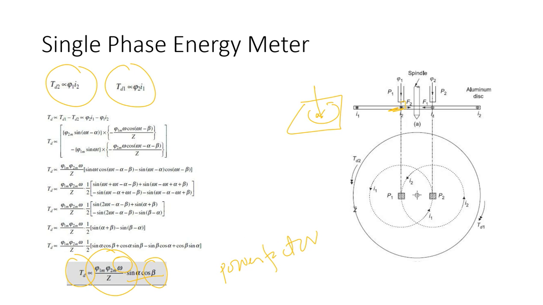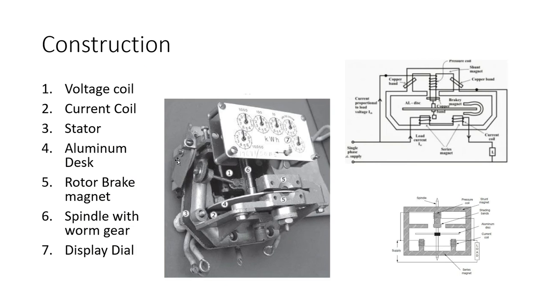Okay, what's the structure of this instrument? So this instrument basically rotates, so we can calculate its rotation as well. Okay, we are having voltage coil, current coil. So these are the current coils, and here would be having some voltage coil as well, aluminum disc which will be rotating.